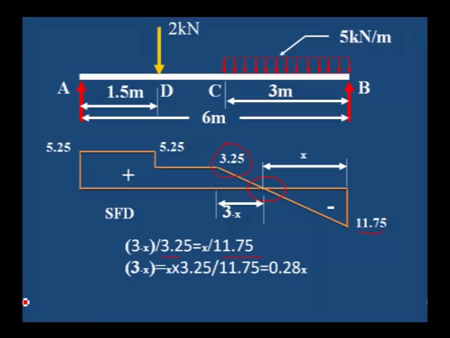If we simplify this, by cross multiplication, we will get the x value as 2.34.